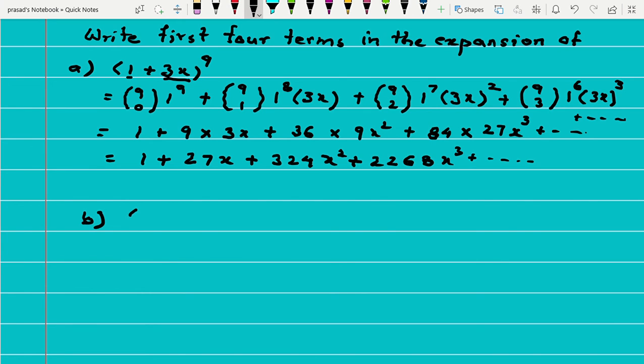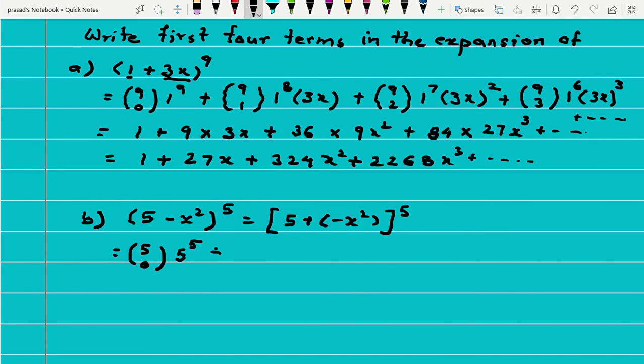5 minus x square to power 5, which I can write as 5 plus negative x square to power 5. So the first coefficient will be 5C0. So 5 will have the full power, 5 to power 5.